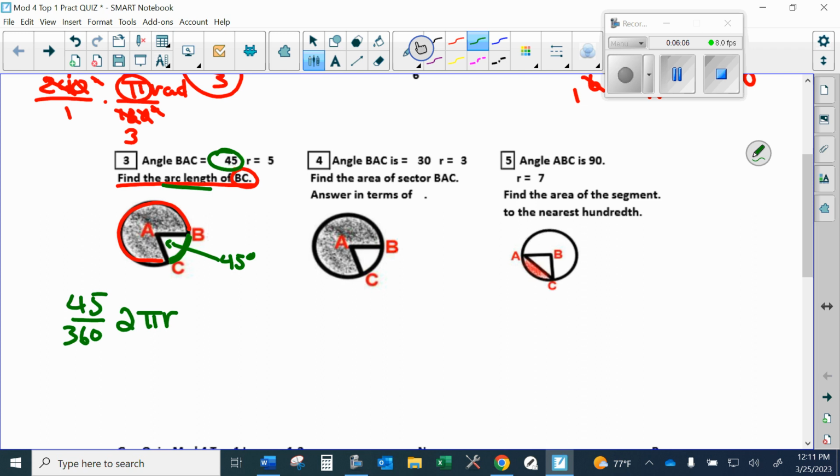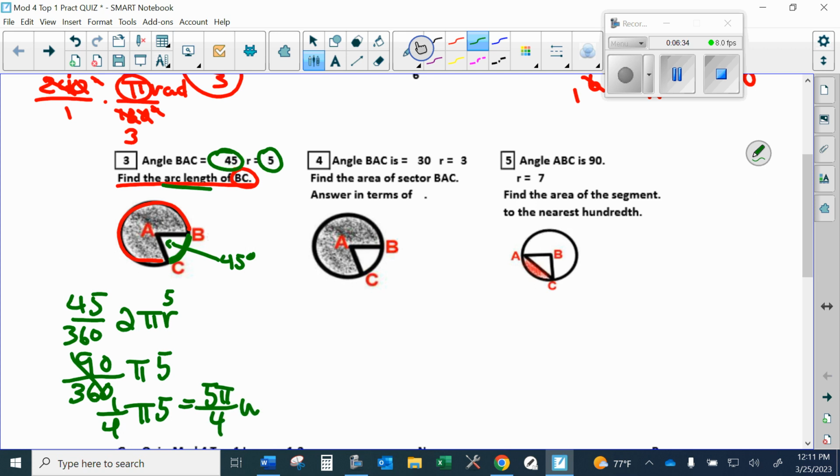I can do 45 times 2 and get 90 over 360 times, we've already done the 2, pi times r. R is 5. I could have filled that 5 in right away. Okay, so now I have 90 over 360, which cancels down nicely to 1/4, and then pi and 5, which then is 5 pi over 4. You don't know the units, so you just leave it as u.